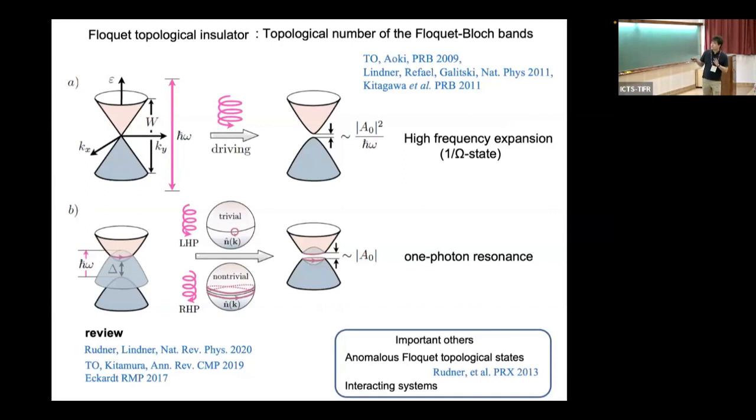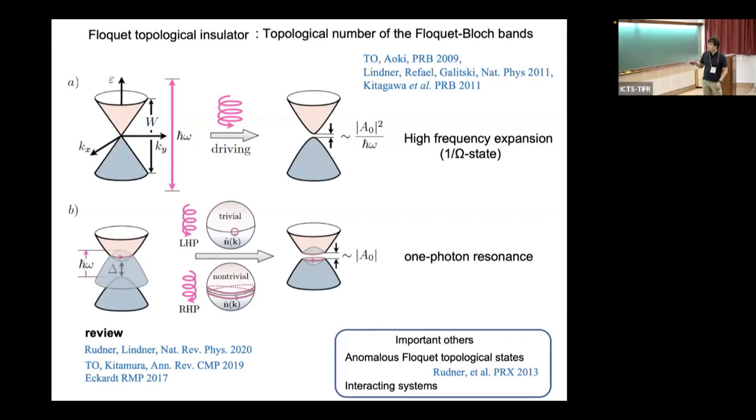One key feature in these Floquet bands, actually this is already quite a long time ago, is that there has been some work on Floquet topological states or Floquet topological insulators, where you can control the topological number of these Floquet bands by considering appropriate excitation or appropriate periodic driving of the system. There have been several examples.